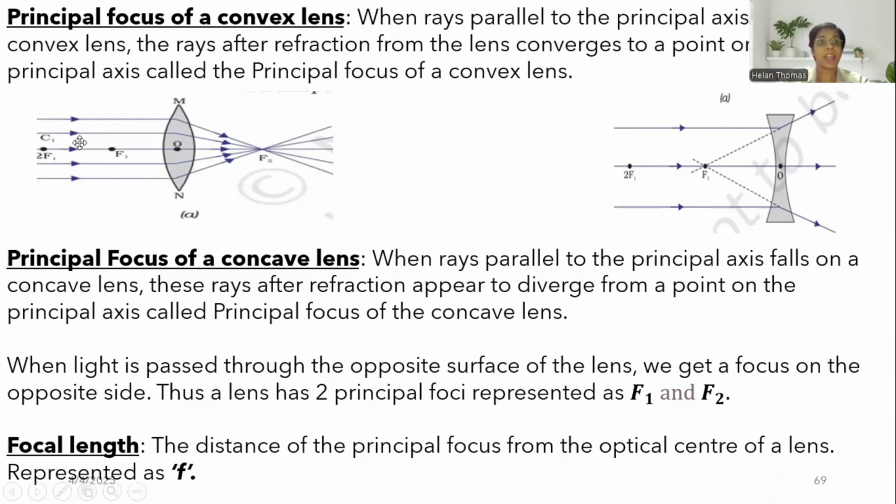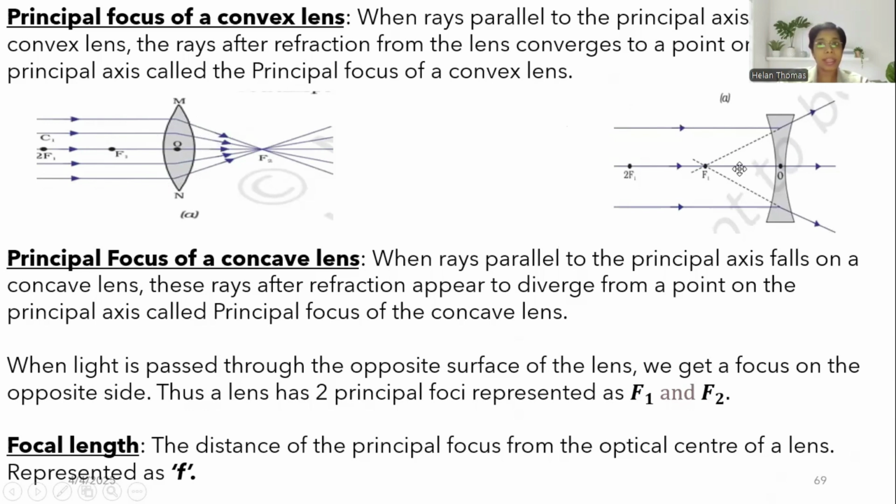When all these parallel rays enter a denser medium, they bend towards the normal. According to the curvature, this part will bend towards this side and this part will bend towards that side. So it will converge at the point F2 here, and it forms the focus on the opposite side of the lens after the refraction.